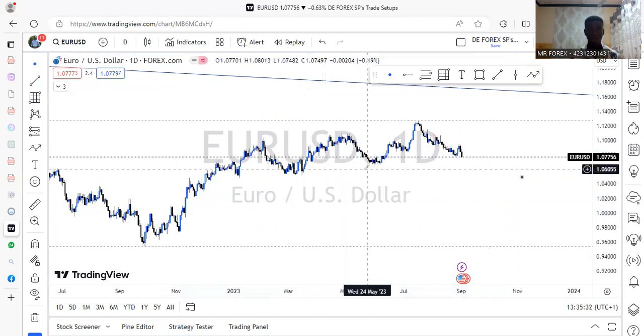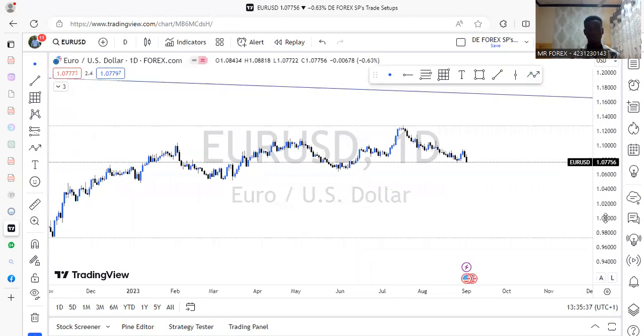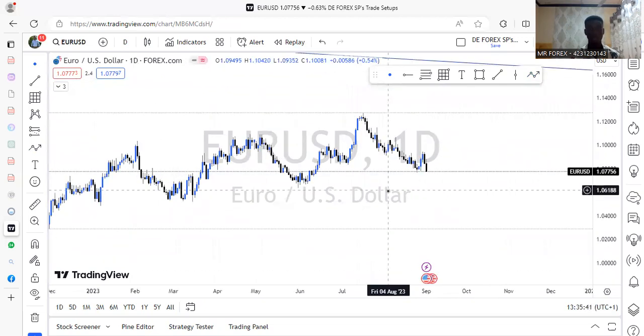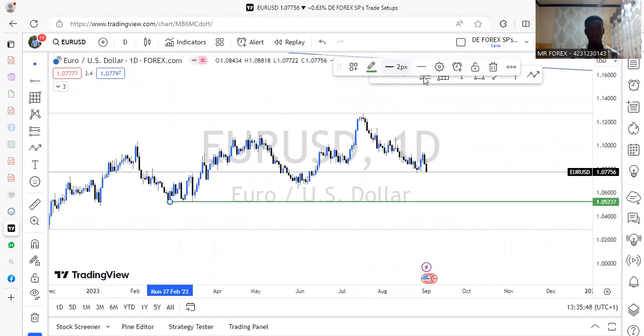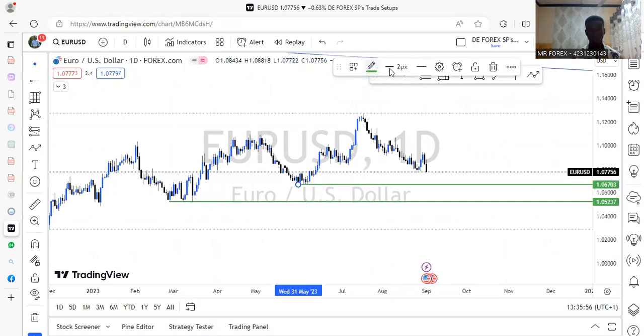Let's identify some levels where, if the market breaks, it means it is ready to actually move in a particular direction. Let's pay attention to the swing lows.